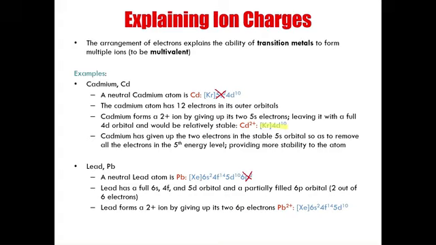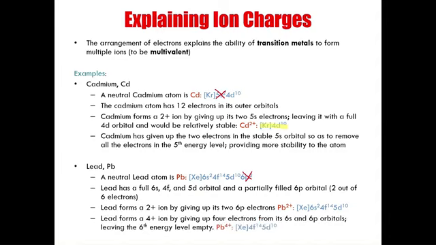And so not only is the 6th energy level unstable because it's unfilled, but it also had 2 electrons that were partially filling the p orbitals in the 6th energy level. So it lost those 2 electrons, giving a relatively stable, not as stable as a 4 positive, but a relatively stable 2 positive charge.